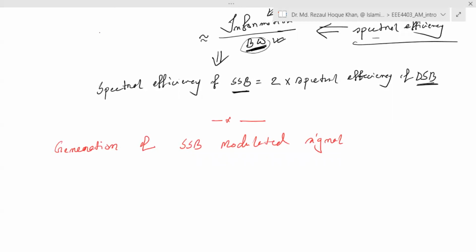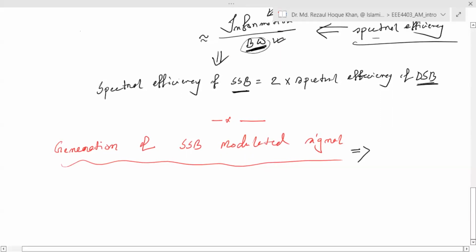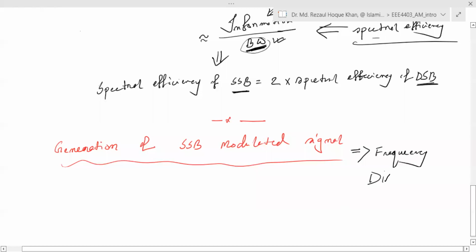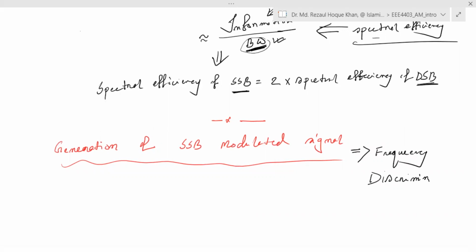We just found that SSB is good, so how do we generate it? A common mechanism used for this generation is called frequency discrimination.